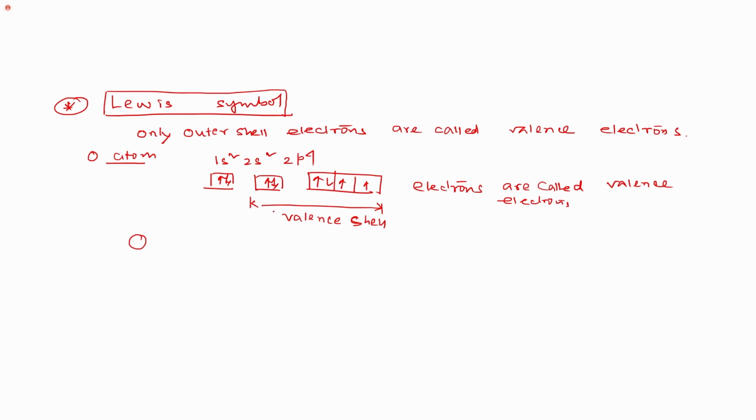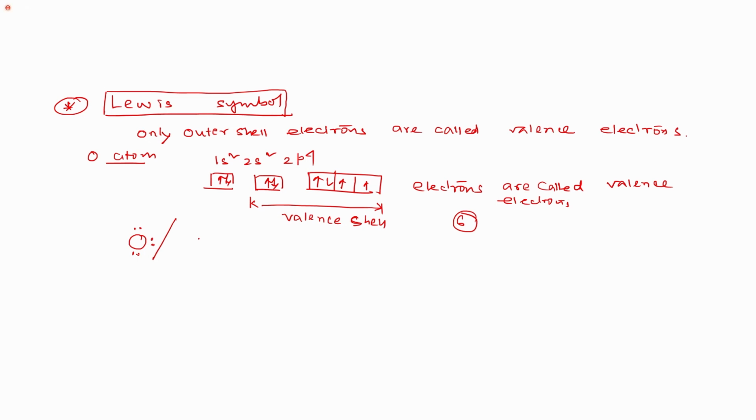Here the total valence electrons is 6, so you mention the valence electrons 1, 2, 3, 4, 5, 6. This is the Lewis symbol for oxygen.